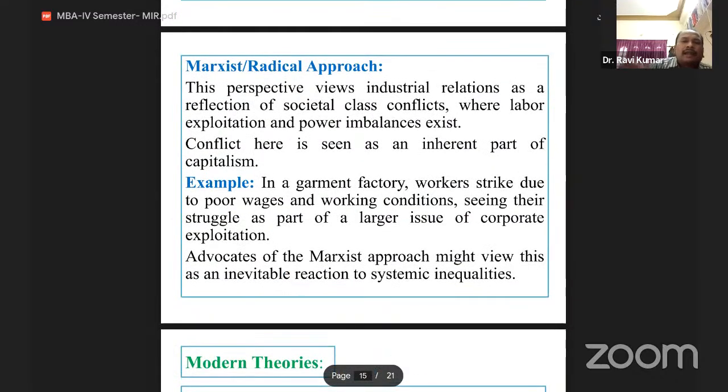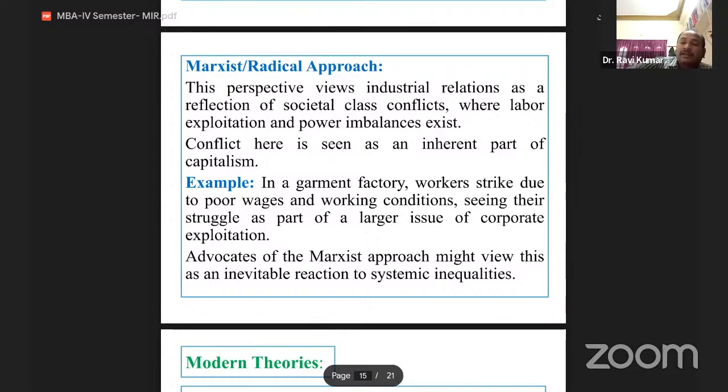And the radical approach. Let's see the example. In a garment factory, workers strike due to poor wages and working conditions, seeing their struggle as part of a larger issue of corporate exploitation. Advocates of this Marxist approach might view this as an inevitable reaction to systemic inequalities.